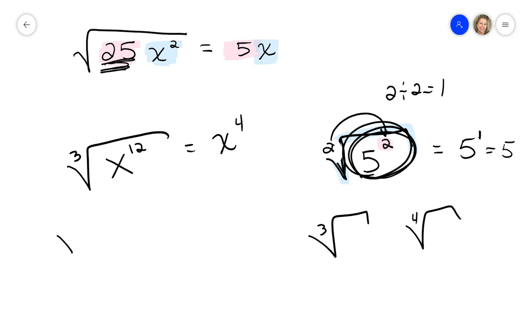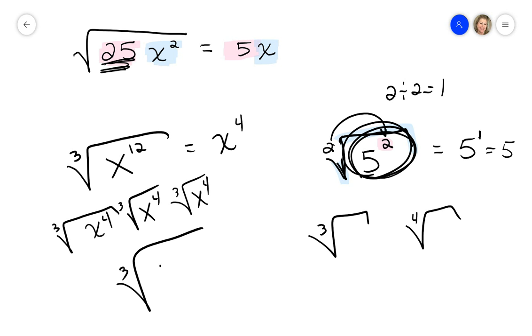Because you're really looking at x to the 4th times another cube root of x to the 4th times a cube root of x to the 4th times another cubed root of x to the 4th. So what I've really done is the cubed root of an x to the 4th 3 times. I did it 3 times. 1, 2, 3.